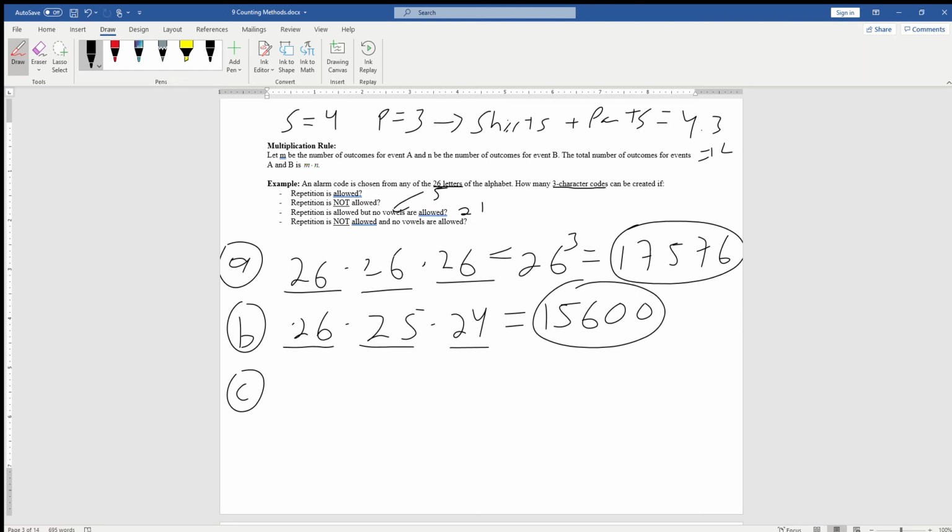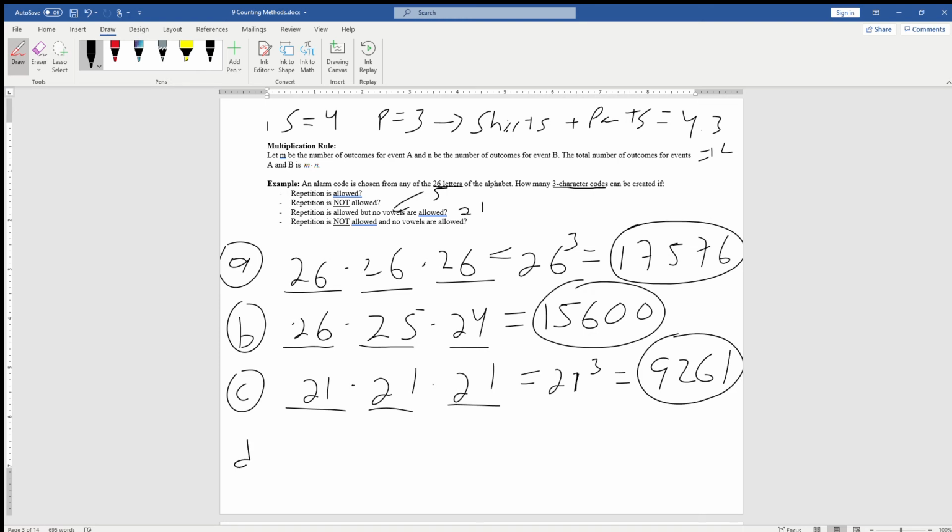We only count the basic A, E, I, O, U. So if I give you these types of problems, just use the standard definition of vowels. Since repetition is allowed, there are only 21 outcomes, and we're going to do that 3 times. So that's 21 to the third power. If I compute that, 9,261.